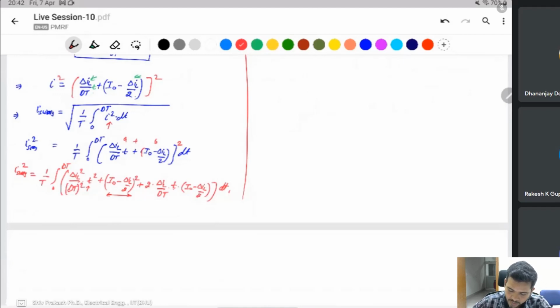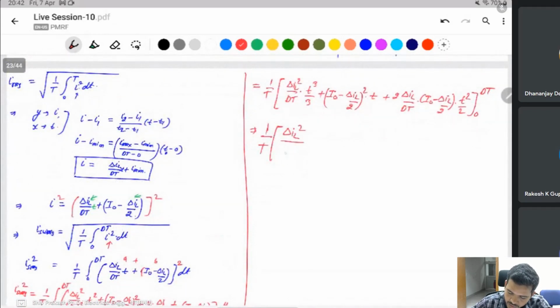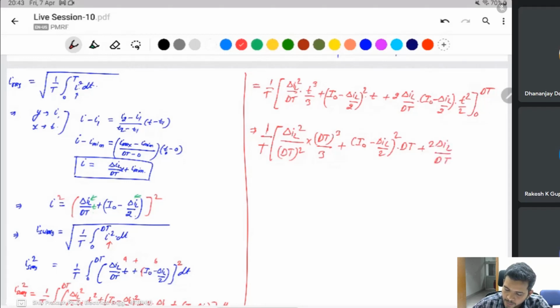Delta IL square by dt square into dt cube divided by 3, plus I naught minus delta IL divided by 2 squared into dt, plus 2 delta IL divided by dt into I naught minus delta IL divided by 2 into dt square divided by 2.